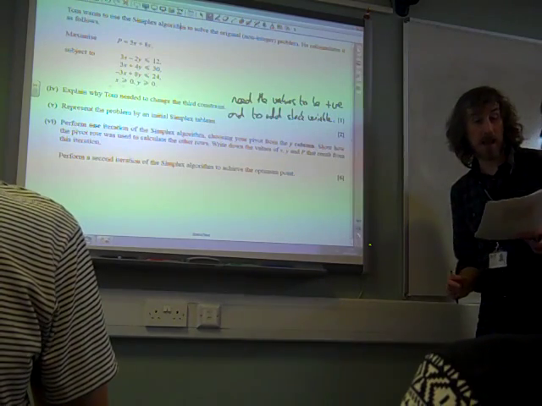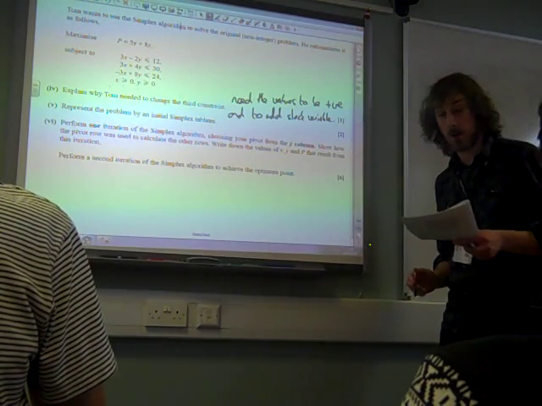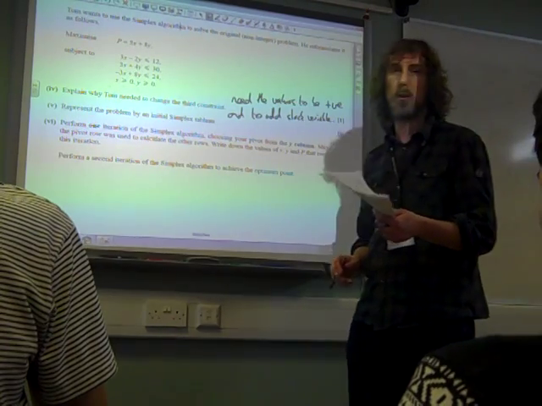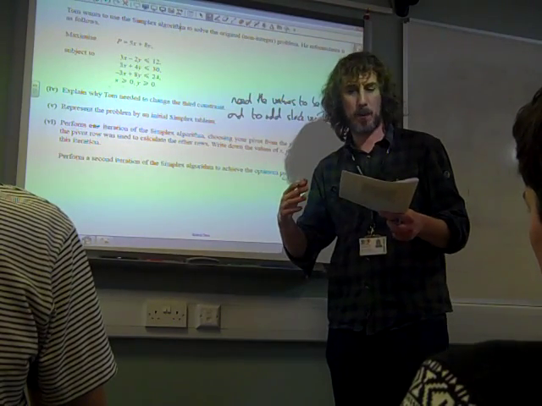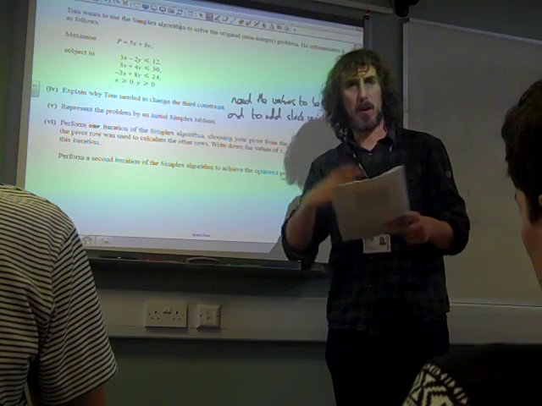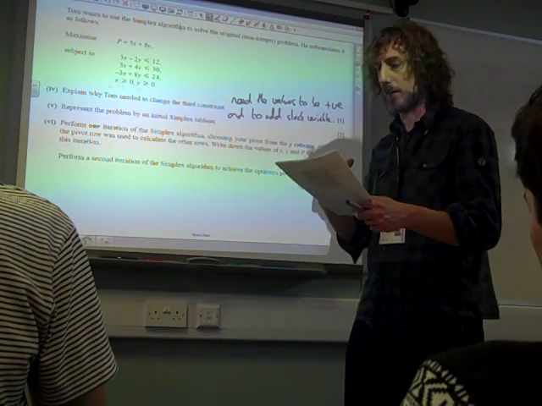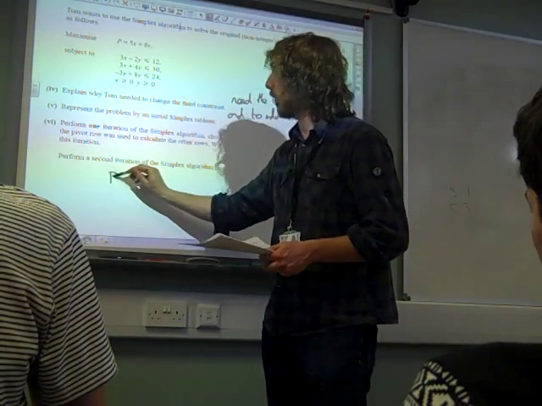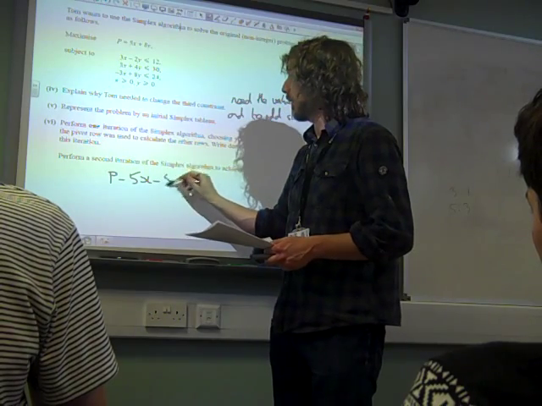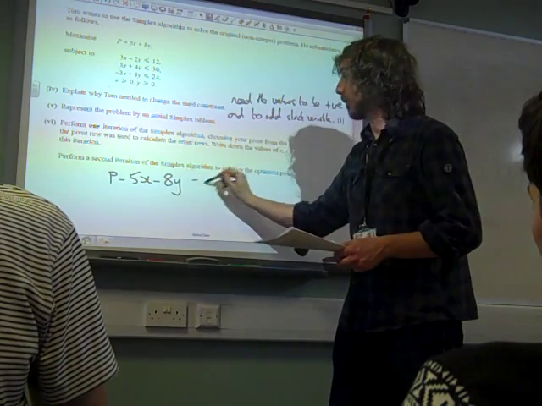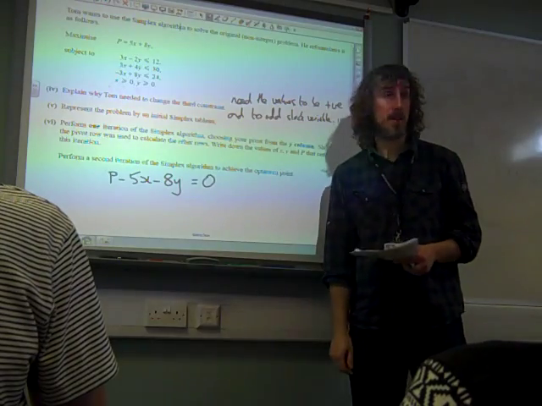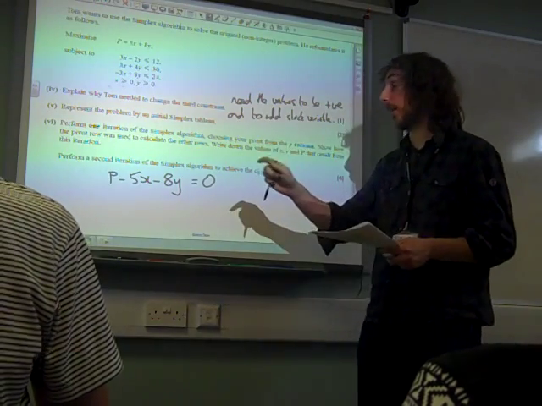Represent the problem as an initial simplex tableau. Now I always find it slightly awkward the way that they split the questions here, so I kind of merged what I did in parts 5 and 6, but I did want to write out the equations before I put it into the tableau, because I'm used to doing that.